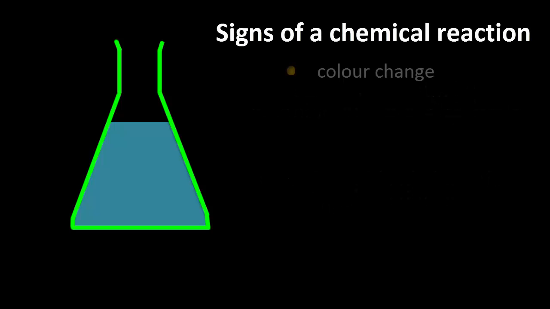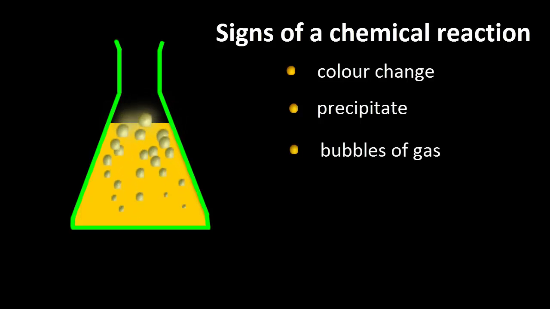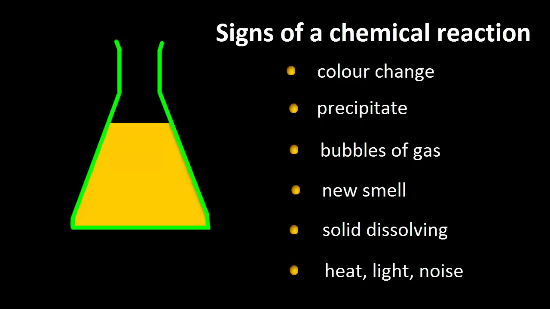Telltale signs include a colour change, a cloudy precipitate forming, bubbles of gas, a new smell, or a solid dissolving. Also, the breaking of old bonds and forming of new bonds changes the energy inside the molecules, so heat, light, and noise can also be signs.